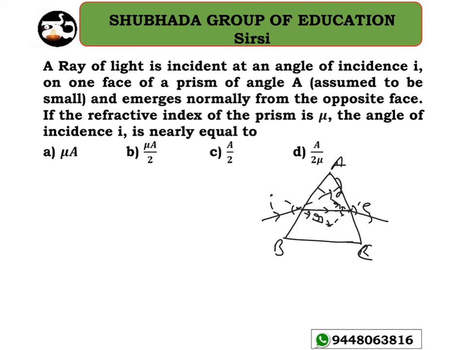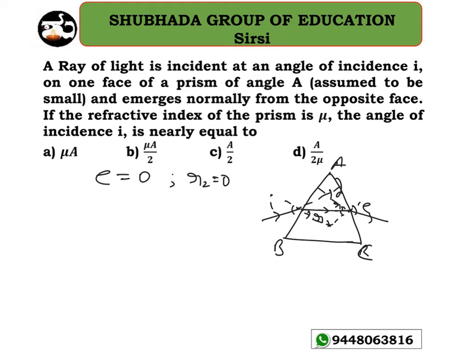Okay, so as you know, it is given that the ray is incident at angle i on one face of the prism and emerges normally. So clearly it is given that for normal emergence, e equal to 0. So if e equal to 0, I can take r2 must be equal to 0.